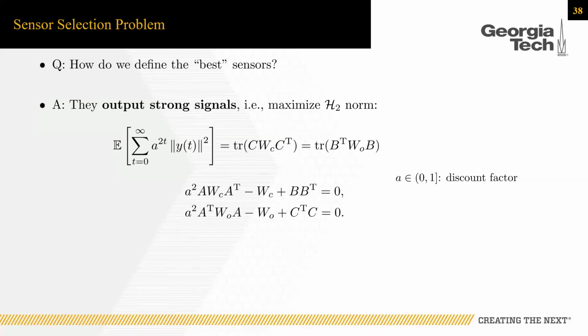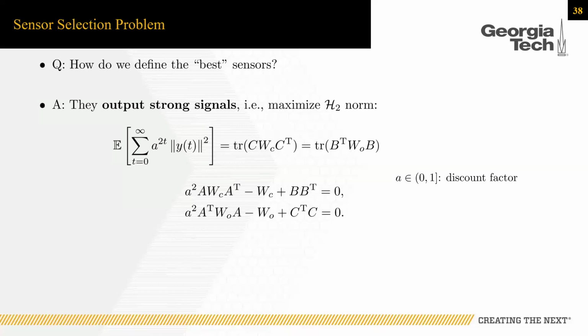It's pretty straightforward, right? You see just maximization of the Y square. Before I had U square, in a vague sense, which was controllability. Now you can think that I want to maximize some form of observability, but not really, because you want to maximize the strength of the signals.